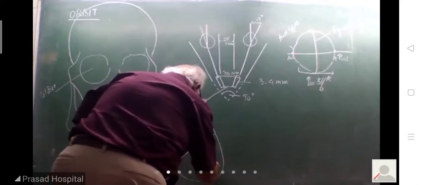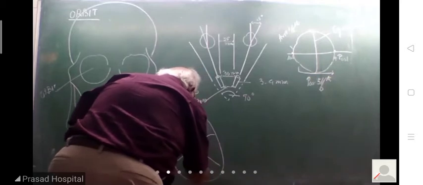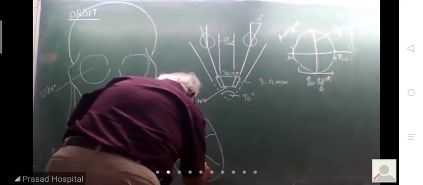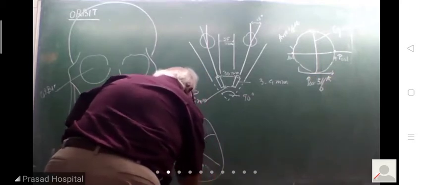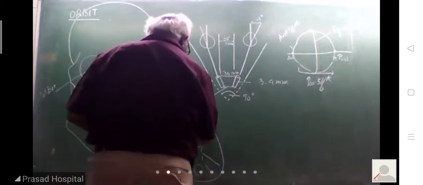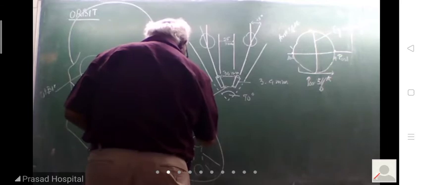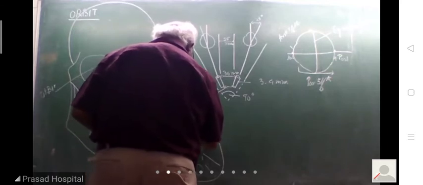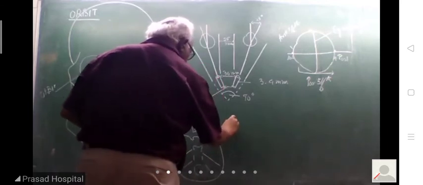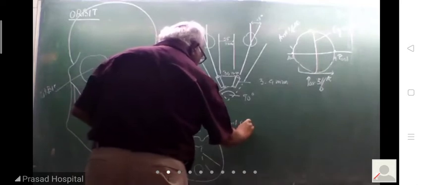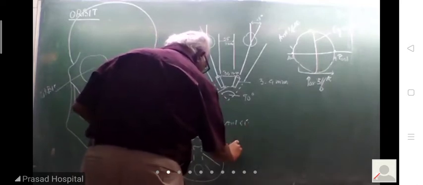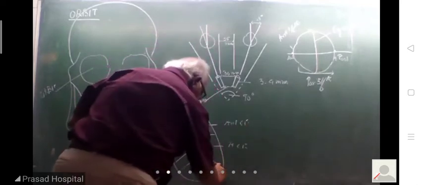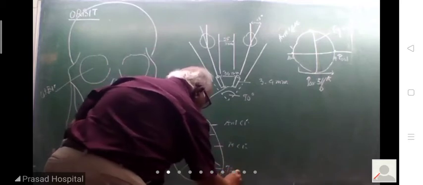This is the foramen lacerum, and you have the foramen ovale. So you will find there are three steps in the basis cranii interna: the anterior cranial fossa, middle cranial fossa, and posterior cranial fossa.